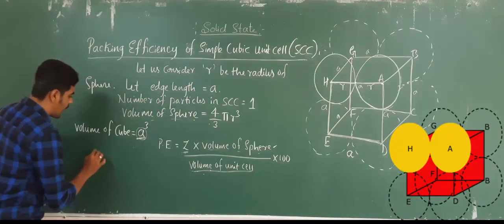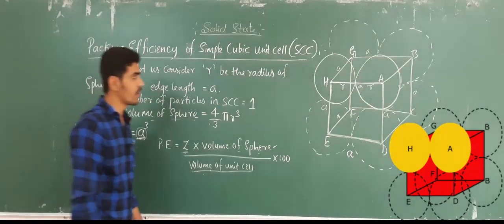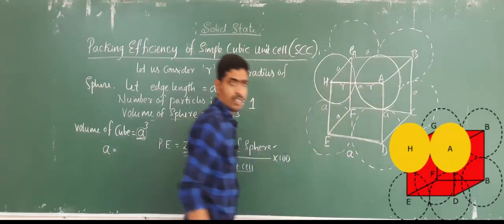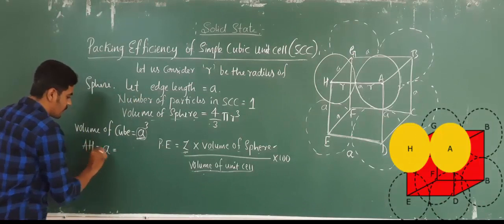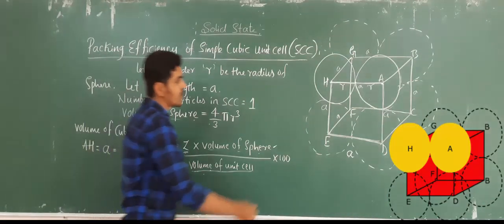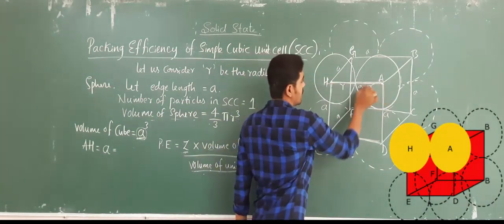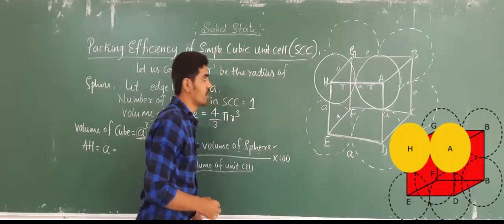Here I will write A, that is the edge length. Shall I write AH? AH is equal to A, because it is the length and that is nothing but the edge length A, as I have already told you.